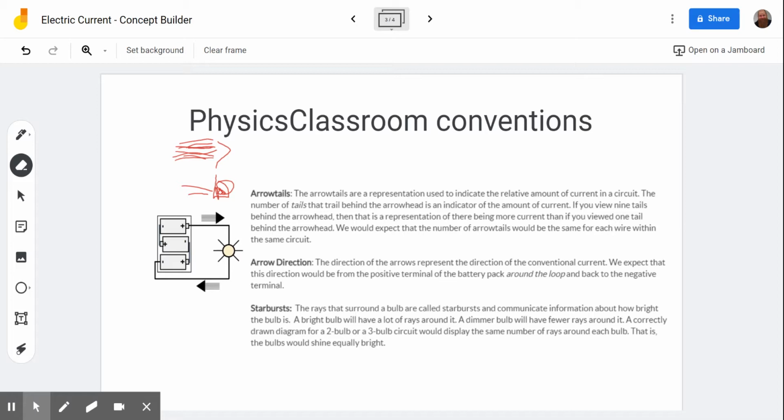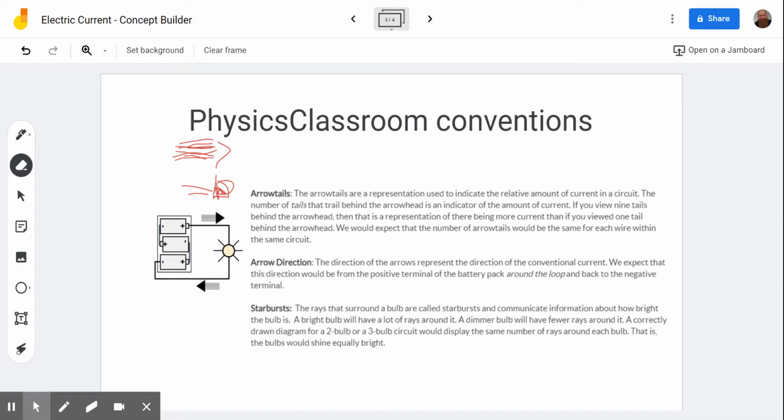So if you saw a lot of tails here, and then over here you saw just like 2 tails, you'd go, something's wrong with this.